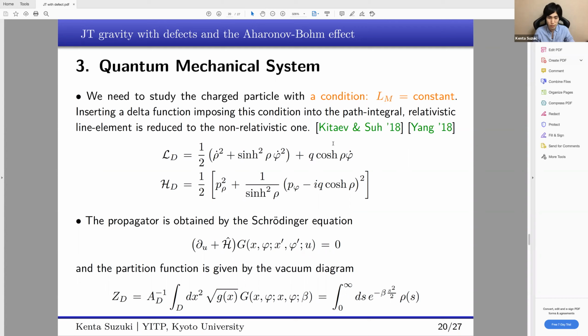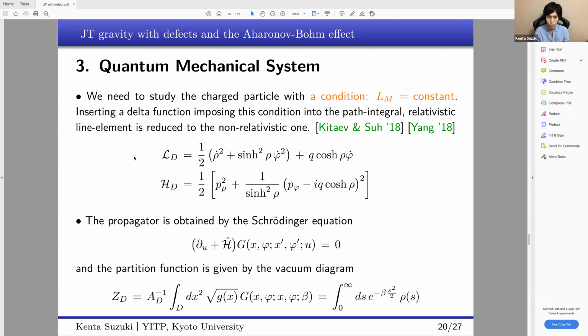So after this rewriting, we have this Lagrangian for disk geometry, and the corresponding Hamiltonian is given by this expression. Here we regard these bulk coordinates rho and phi as spatial directions, and these dots represent the derivative with respect to the boundary time u.